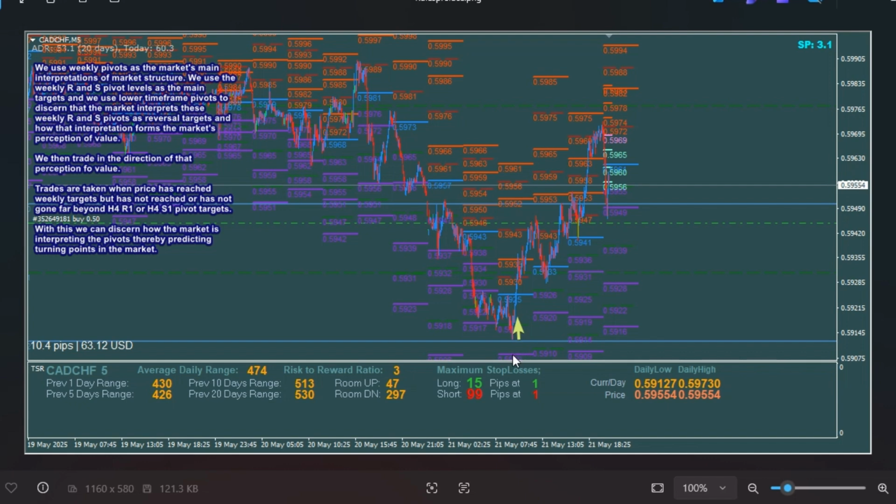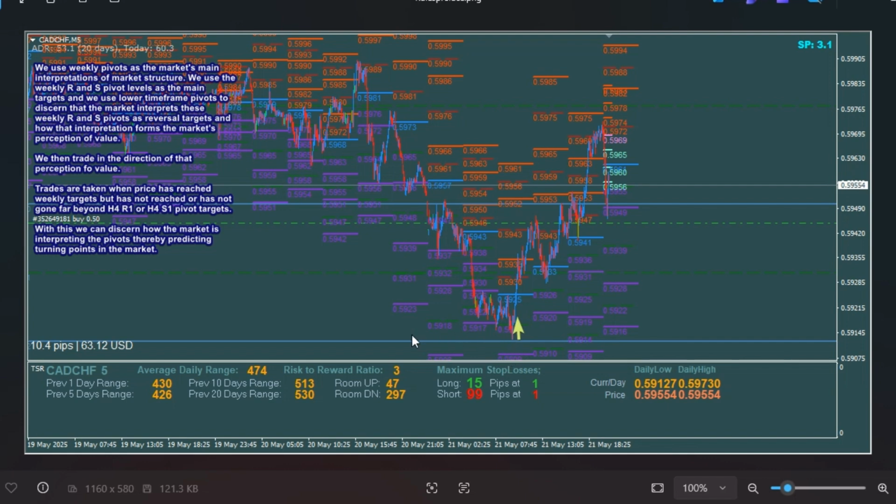So now we're getting into the mindset, the psychology of the markets. And we want to ask, why did the market not reach the H4S1? Why does the market perceive value to be at higher prices and not this H4S1 level? Why does the market not interpret the H4S1 level as value, as a target?